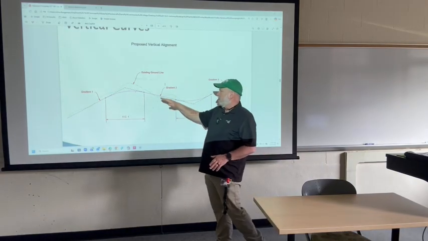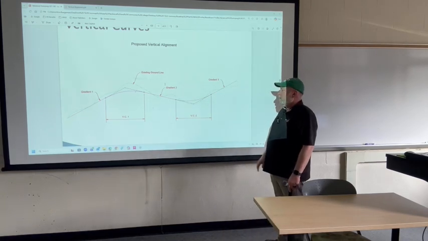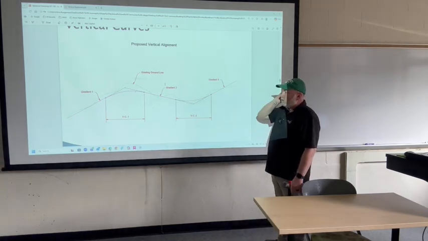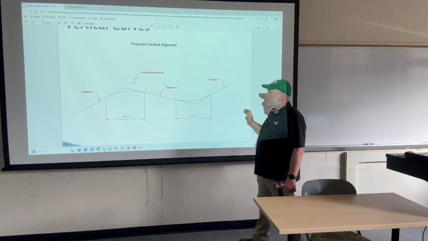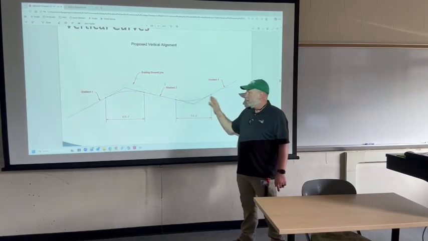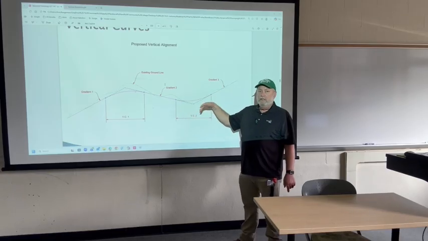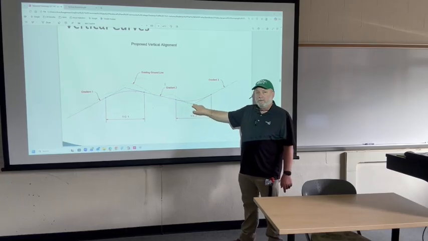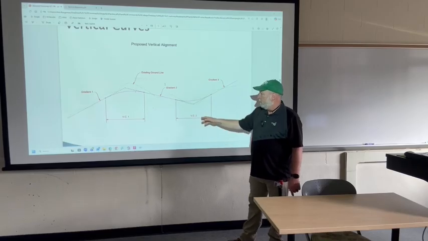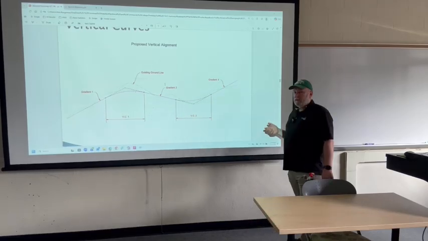Gradient 1, 2, and 3 usually will have a slope listed as a percent. The vertical curves themselves will have quite a bit of information listed on them. The beginning and end of the curve, along with the elevation, the point of vertical intersection, the station, the elevation of that point, the vertical curve length, which I will also note is a horizontal distance.